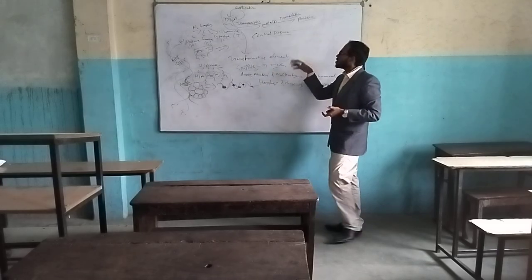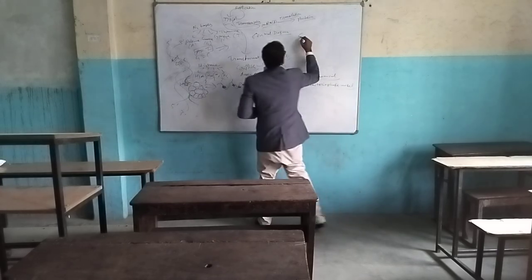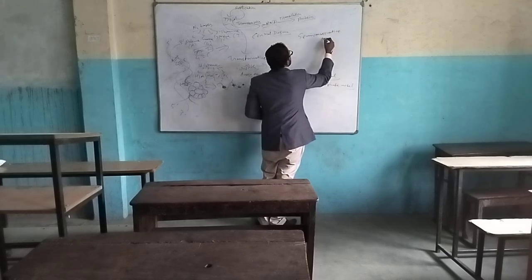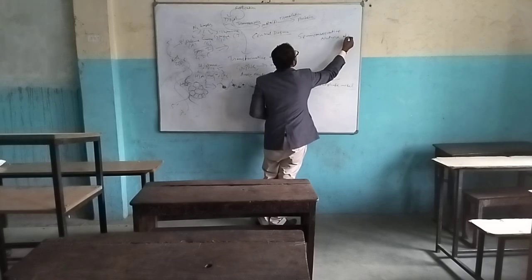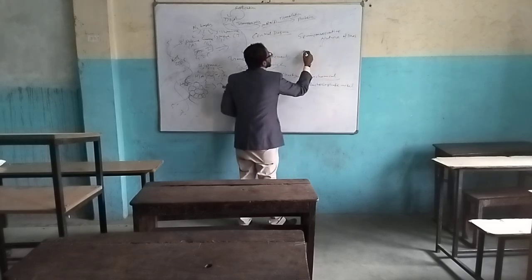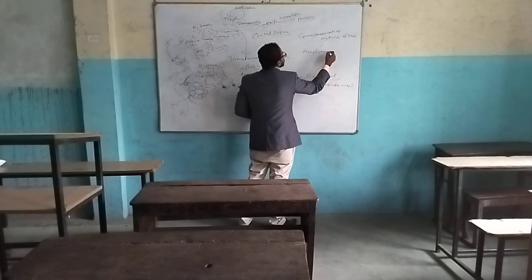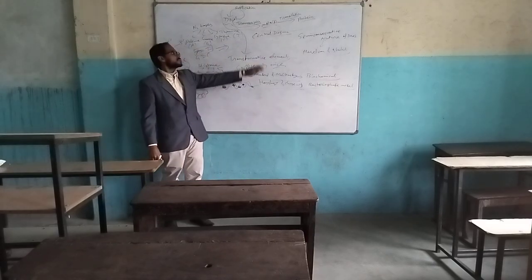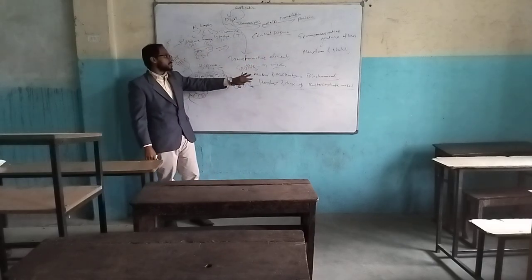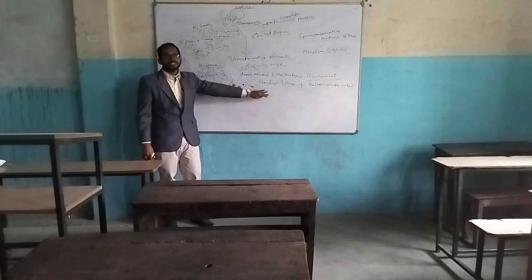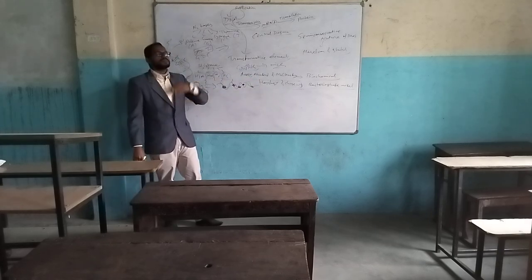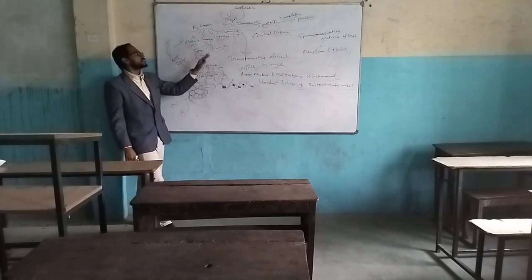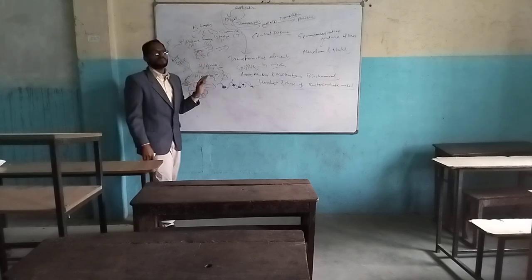This semi-conservative nature of DNA was first proved by Meselson and Stahl. The details of the Meselson and Stahl experiment, Griffith experiment, Avery-MacLeod-McCarty experiment, and Hershey-Chase experiment will be discussed in the later sections. So this is the short summary of this chapter, the molecular basis of inheritance.